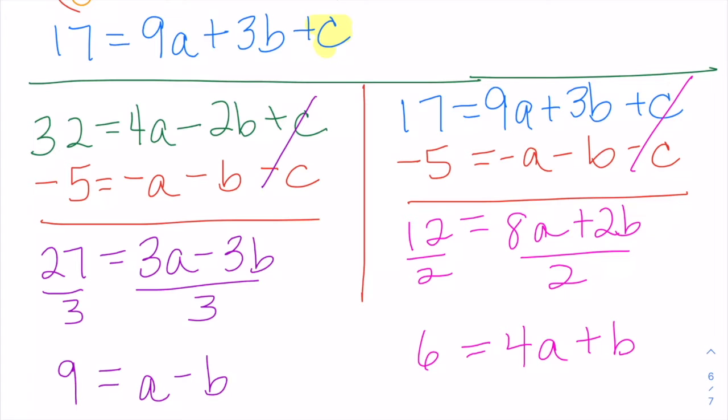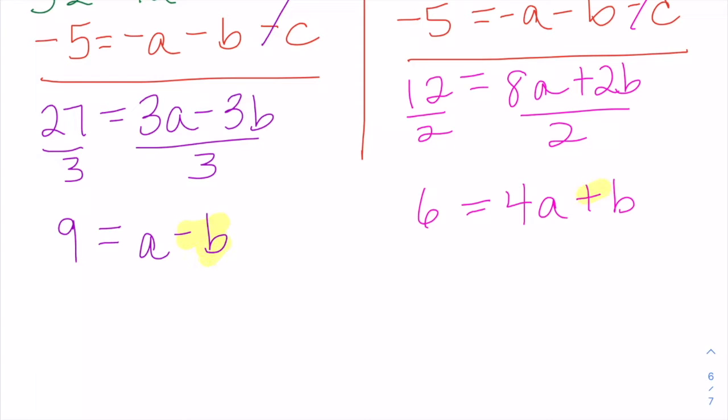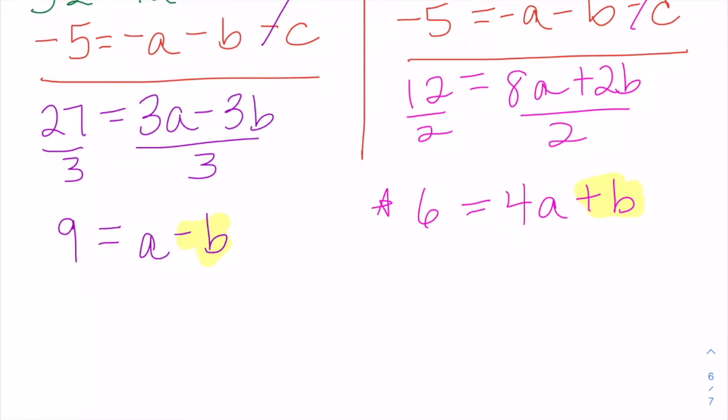So you can see right here, if I have these 2 equations, I could substitute and solve, or I could use elimination again. And I actually want to use elimination because I have a plus b and a minus b. So I'm going to write this equation over here. The 6 equals 4a plus b, and I'm going to combine it with the other one, and we're going to add those.